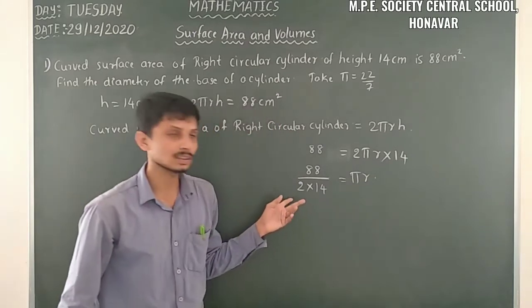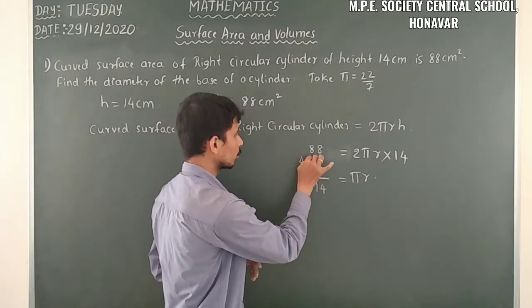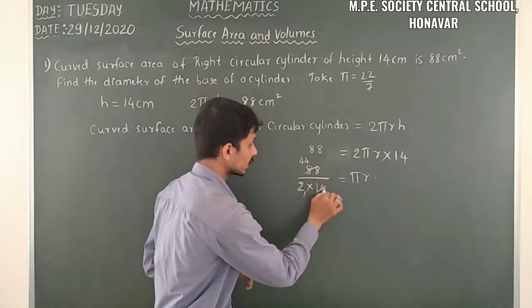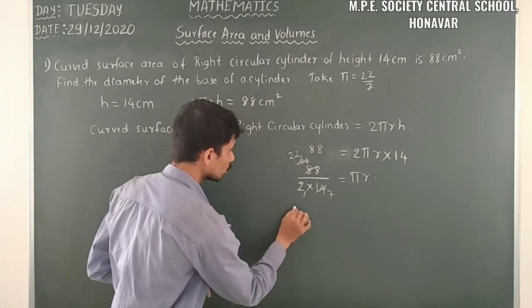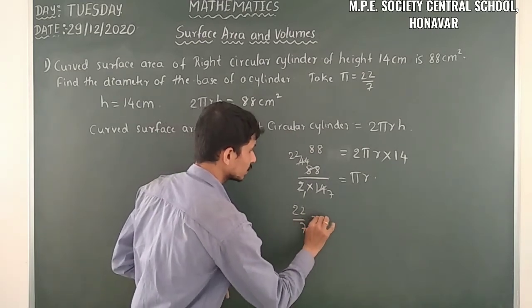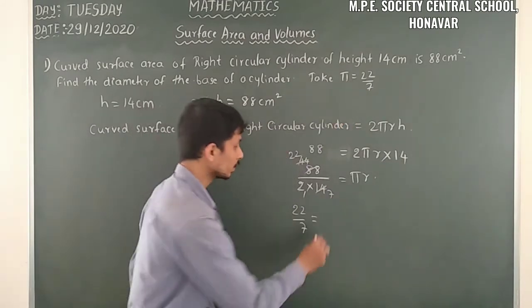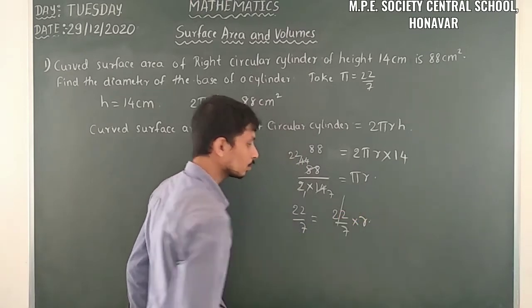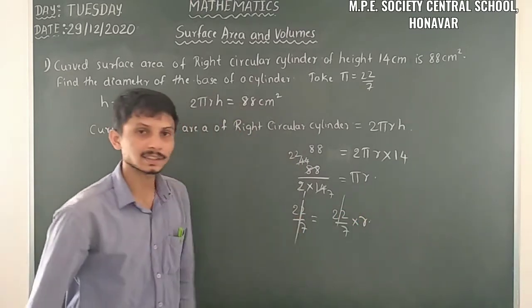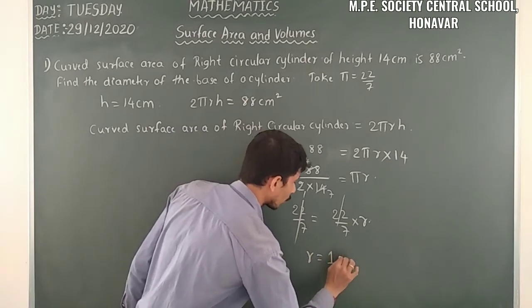So 2 into 1 and 2 into 44, 2 into 7 and 2 into 22. So 22 by 7 is equal to pi r. The value of pi is 22 by 7, into r. So this 22 by 7 and this 22 by 7 get cancelled. That is, the value of r is equal to 1 centimeter.